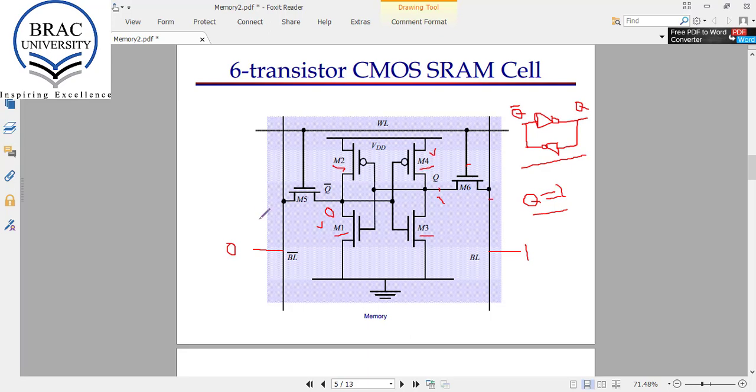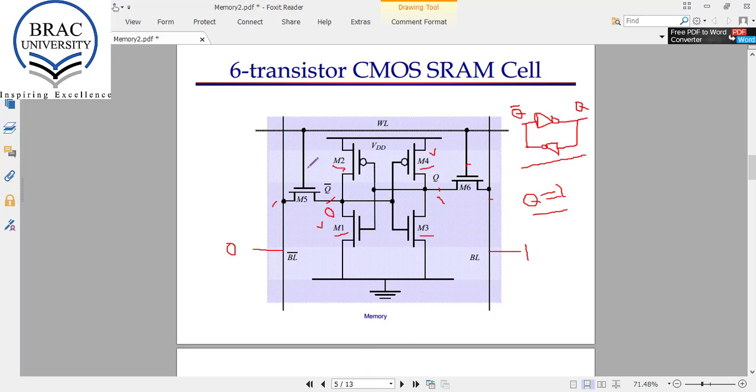And for this transistor, here we have 0 and we have 5 volt here. So this transistor will also not turn on. So the value that was stored will remain the same. We had a value 1 previously stored, and now the same value remains in this cell, because we tried to write the same value again.